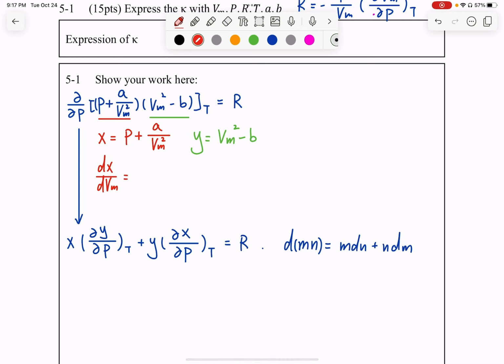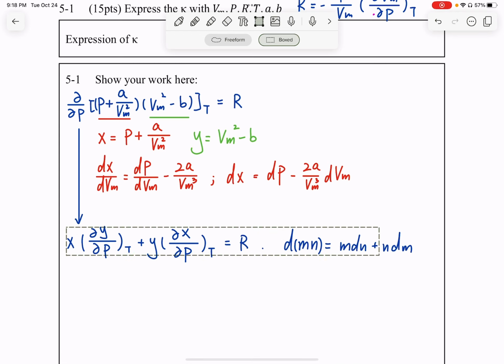And dx over dVm equals, well, we can't take this P out, and this gives us minus 2a over Vm cubed. All right, or the other way to put it is dx equals dP minus 2a over Vm cubed dVm. Here we're just moving that dVm to the right side of the equation.